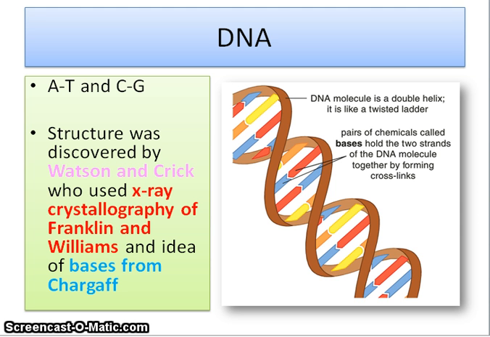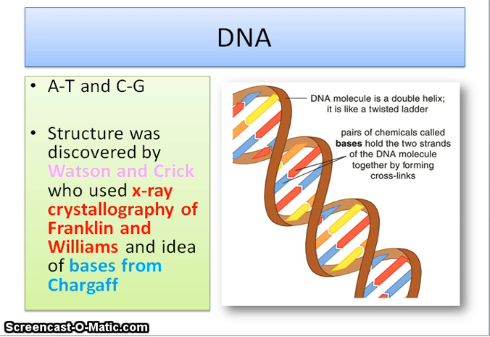As far as I know, you haven't got to learn the names, but you do need to know that A always goes with T and C always goes with G. In this diagram of the DNA, the blues and reds are always together, they might be the other way around, but they're always together, and the oranges and yellows are always together. That's trying to show you A goes with T and C goes with G.